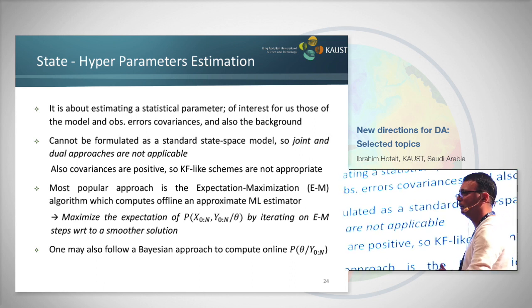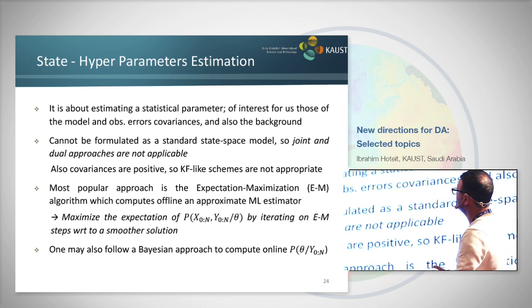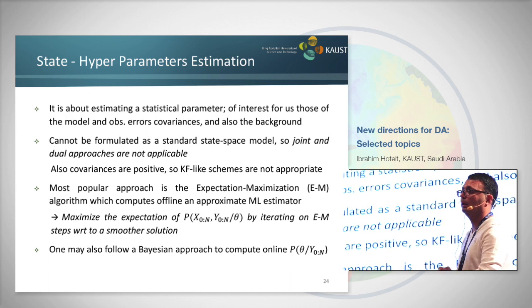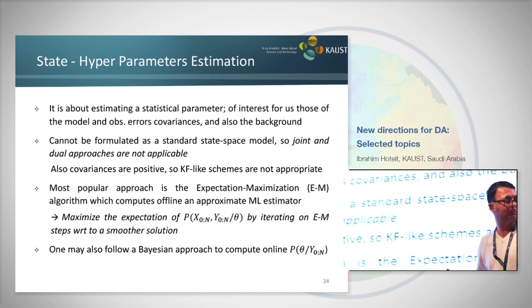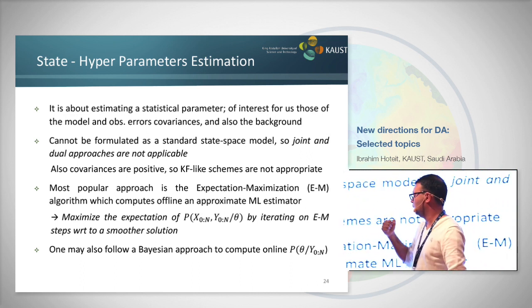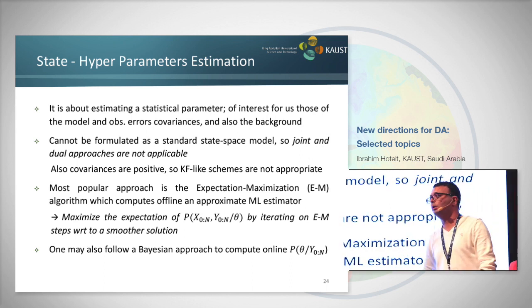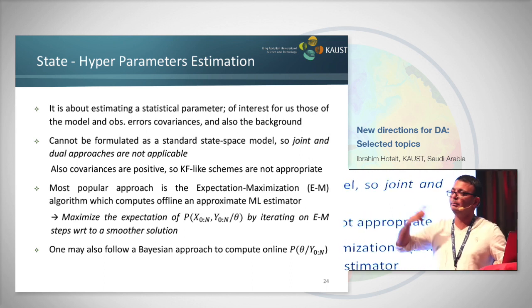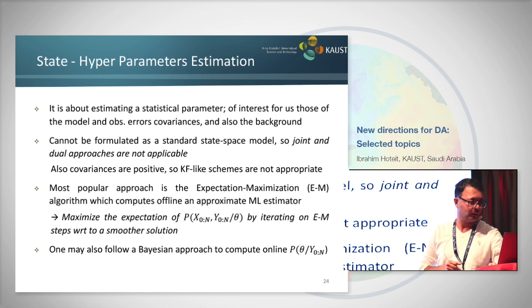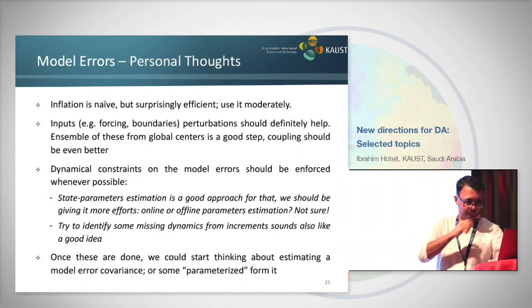It becomes a little bit nasty and a lot of equations, but keep in mind you can do state hyperparameters estimation if you don't know the variance of the observational error. It can be done, and the most popular is what we call the expectation maximization approach, but it requires some iteration on the smoother. Okay, so just keep this in mind.